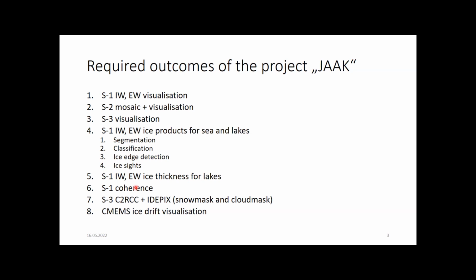Thickness, coherence, and then at some point during the project, the snow mask and cloud mask from Idebix algorithm was also added. And then from Copernicus Marine Service database, one product visualization was also included during the project.